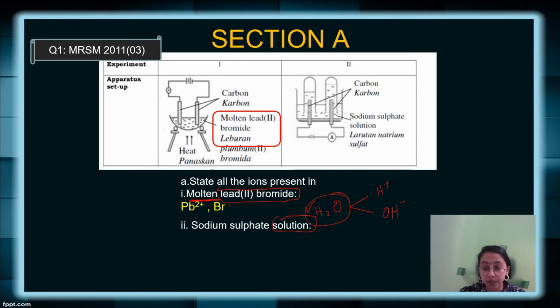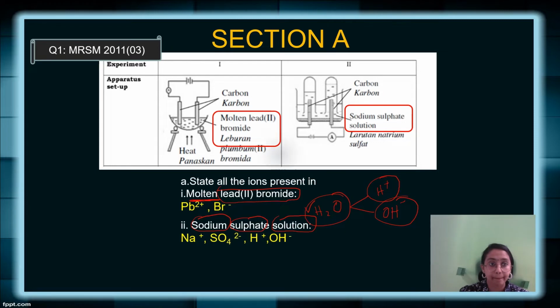So for solution or aqueous, whenever you hear these words, you should know there's a presence of water, and you'll have 2 cations and 2 anions. Right now I'm using sodium sulfate solution, so I have sodium ion, sulfate ion, and as I told you, a solution must have water, so there are also additional hydrogen ions and hydroxide ions.